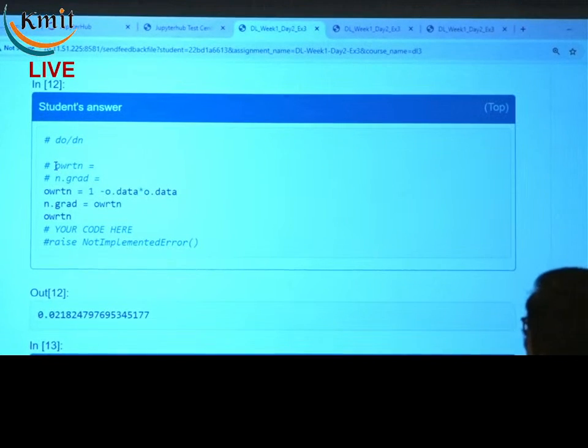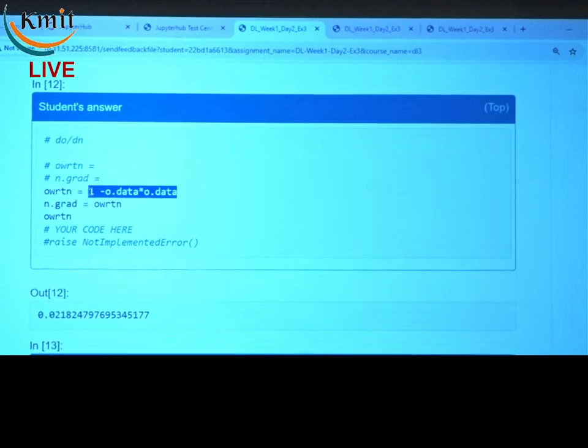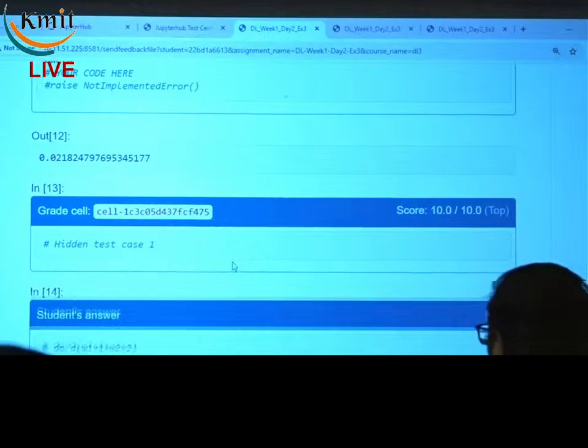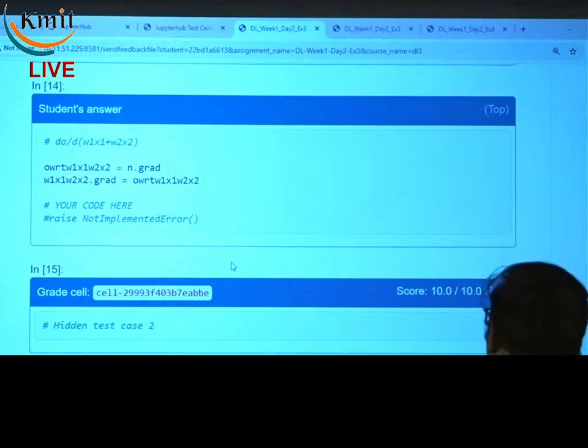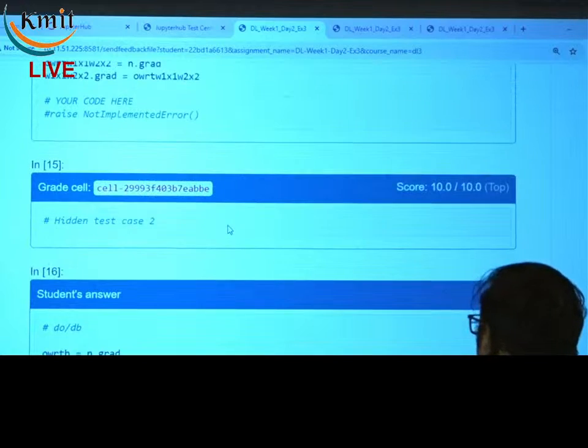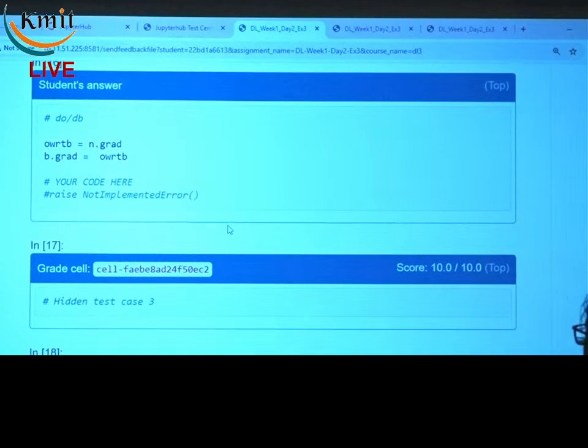Here I provided the variables they are supposed to use. They need to insert this value here. Yes. So they are not able to understand what value to put there. After that, it's just reusing the values. Once they get that n.grad, everything is done.